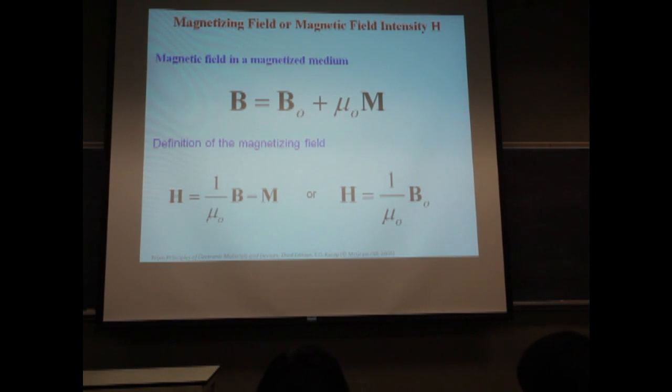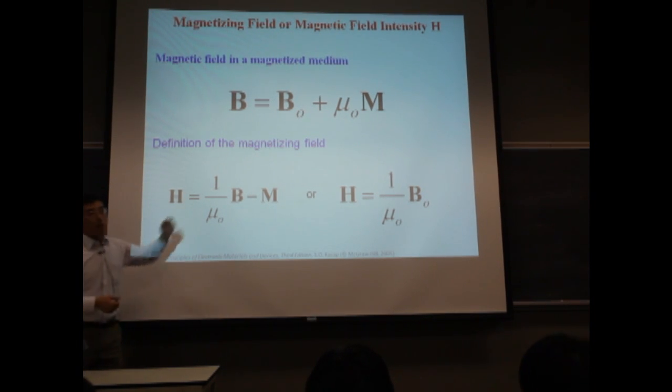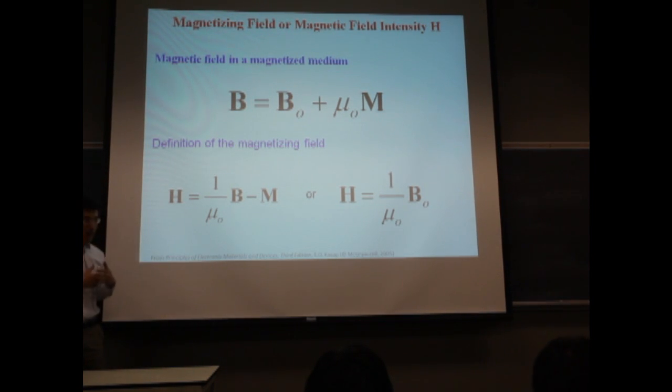When the magnetic material is under a magnetic field, it has a magnetization. The magnetization is described by the magnetic fields, also magnetic flux density, which is denoted by B. B is given by B naught times the magnetization of the material.